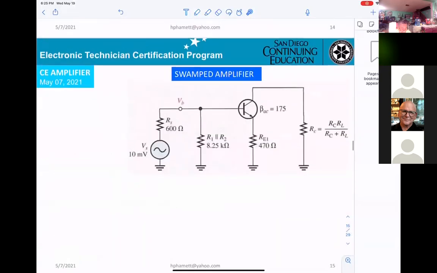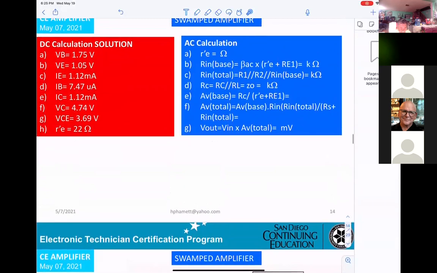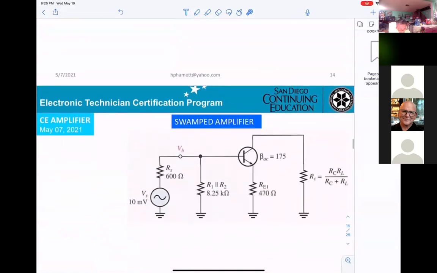Okay. I don't know if anyone does this calculation or not. Maybe not. The thing is it goes into too much detail. Okay. We'll get the answer for you.